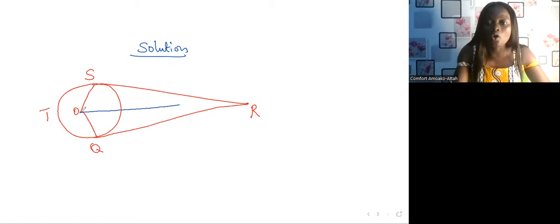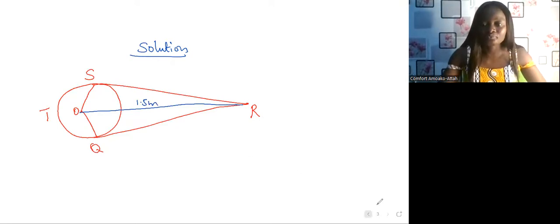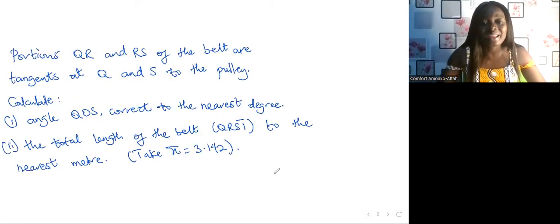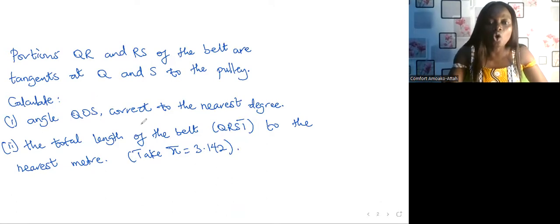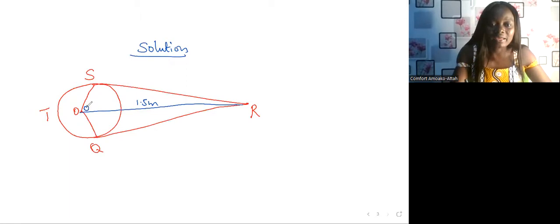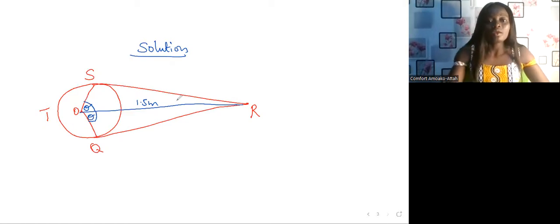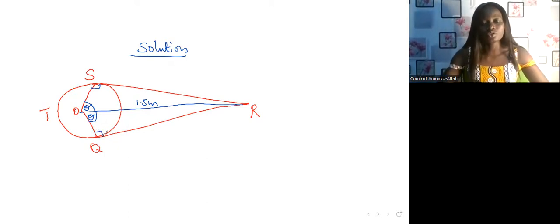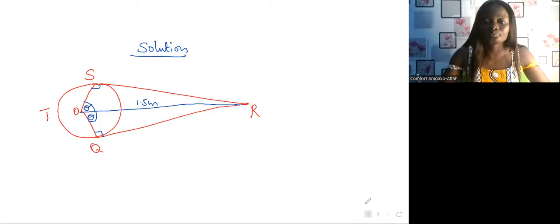Line OR is 1.5 meters. Good. Then they are asking us to find angle QOS. So this is the angle. We have an angle here, another angle here. That is what they are asking us to find. Now we are having two right angle triangles forming over here. Good. So now let's continue.